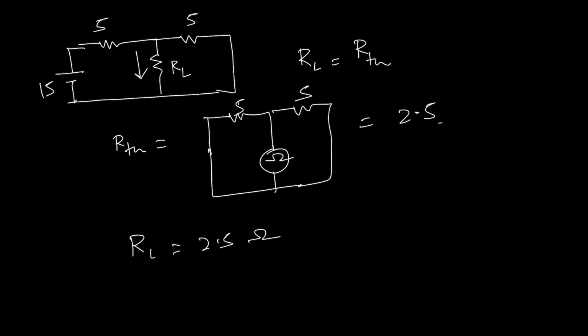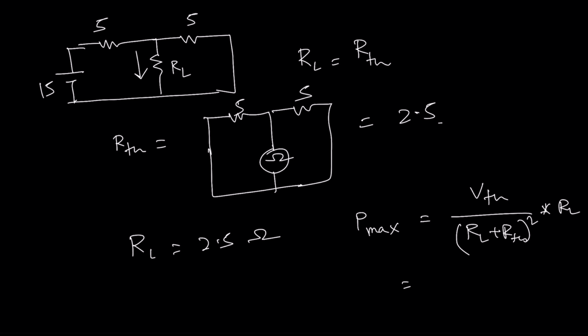Now we need to calculate the value of maximum power. So we can write down P max will be how much? We already know P max equals VTH by RL plus RTH, squared, into RL, right? Here RL equals RTH, that means VTH divided by 4 RTH, okay? Squared, multiplied by RL or RTH.